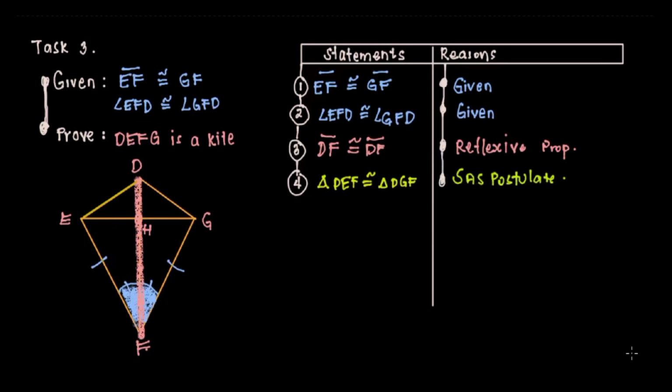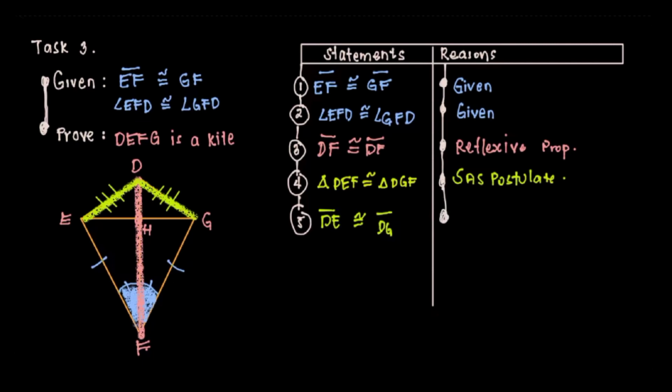Now, for the fifth statement, since meron tayong dalawang congruent triangles dyan, pwede natin gamitin yung side ng triangle na yan. So we have the segment DE and segment DG. They are actually congruent to each other. Why? Kasi nga, nanggaling yan sa dalawang congruent triangles, right? So segment DE is congruent to segment DG. Parts yan ng triangle.